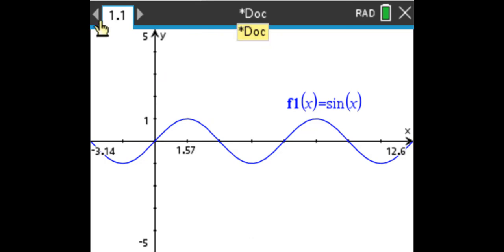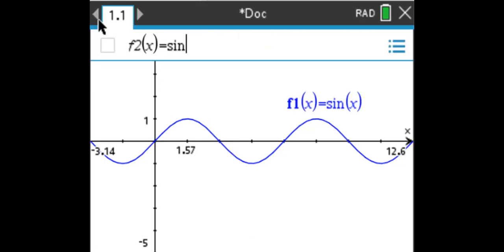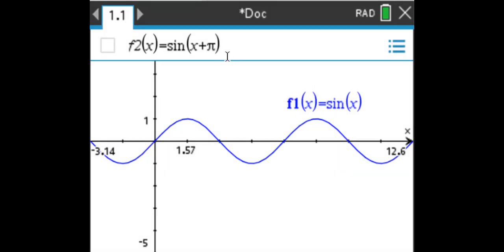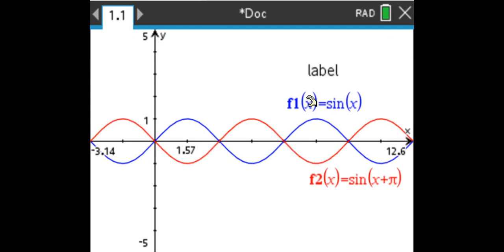Let's look at something else. If I go sine of x plus pi, what's going to happen? This curve, my original blue curve, has translated.